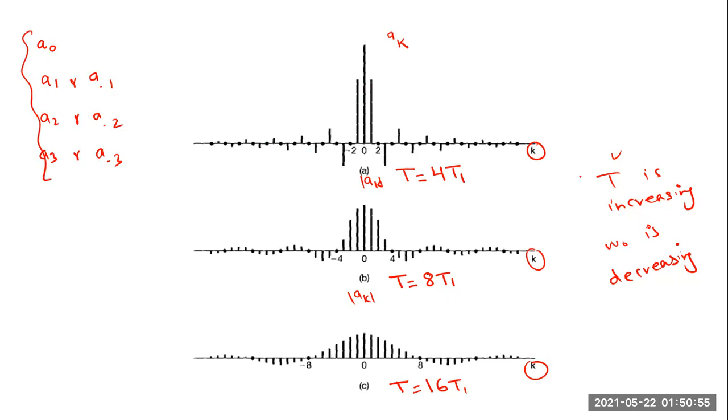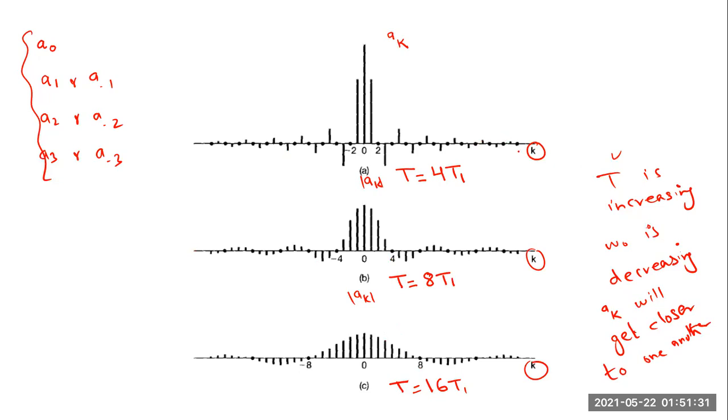But I just want to show you the effect of this T increasing. Because frequency is decreasing, it means the Fourier coefficients will come closer to one another. So what will happen? Ak will get closer to one another.